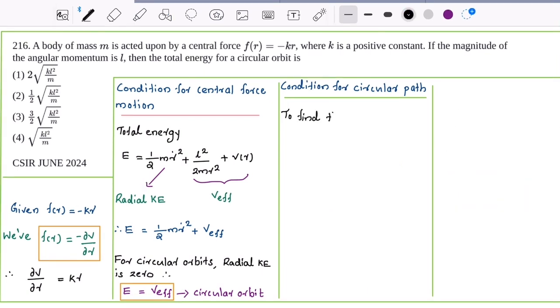Now we have to find the total energy for a circular orbit, and we have already seen that this total energy is nothing but the effective potential. So E is equal to V effective, that is equal to L square by 2m r square plus V of r.